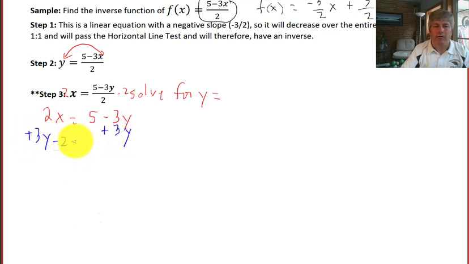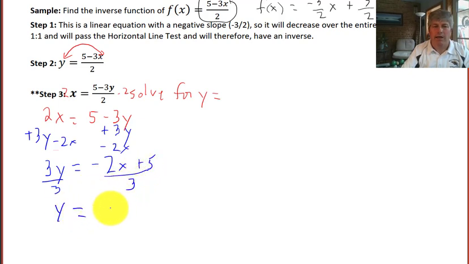I'm going to subtract 2x from both sides. Doing a little moving things around here, I get 3y equals negative 2x plus 5. Divide both sides by 3, and I get y equals negative 2x plus 5 all over 3.